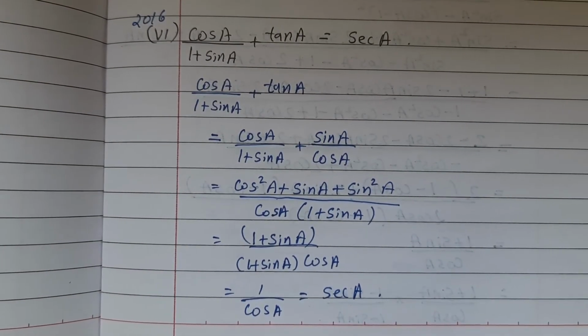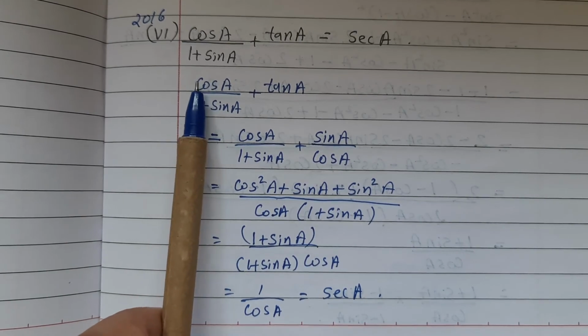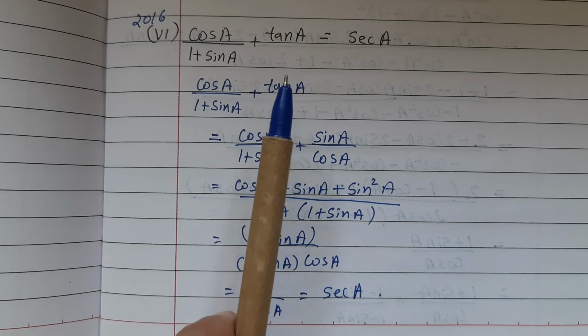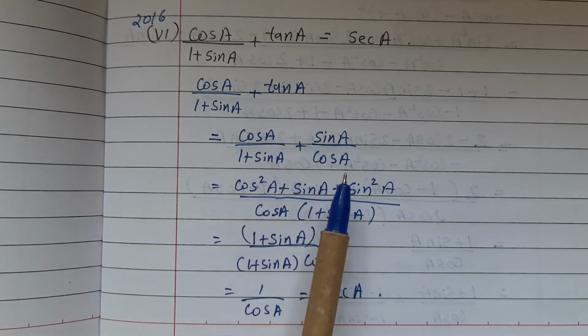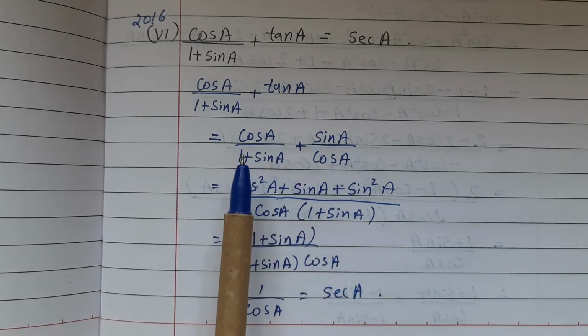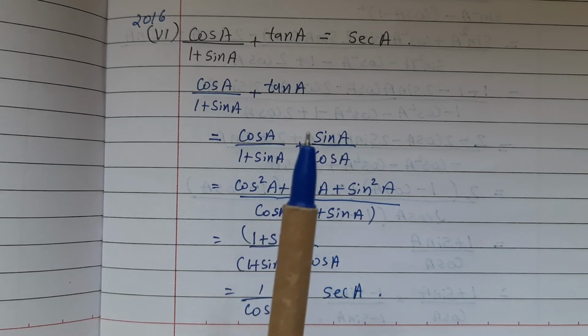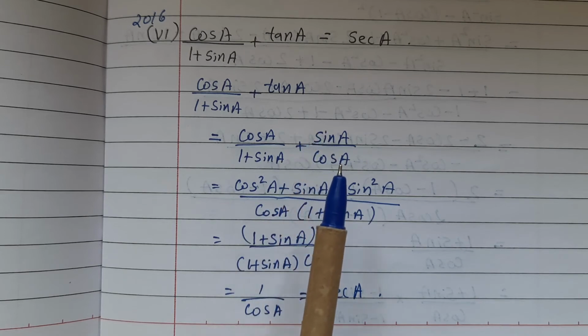Sixth part, left hand side is cos a upon 1 plus sin a plus tan a. Tan a is sin a upon cos a. LCM of the denominator will be cos a into 1 plus sin a. Therefore multiply and divide this term by cos a, multiply and divide this term by 1 plus sin a.